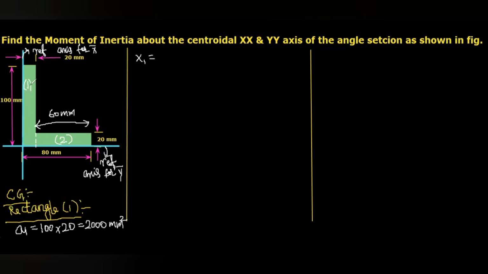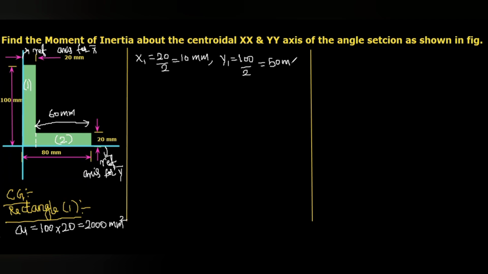X1, the distance from the leftmost line, that is the reference axis for x bar, is 20 divided by 2. So we will get 10 mm. Then y1. Both first rectangle and second rectangle lie on the reference axis for y bar. So y1 will be the vertical value, 100 mm divided by 2. So it will be 50 mm.